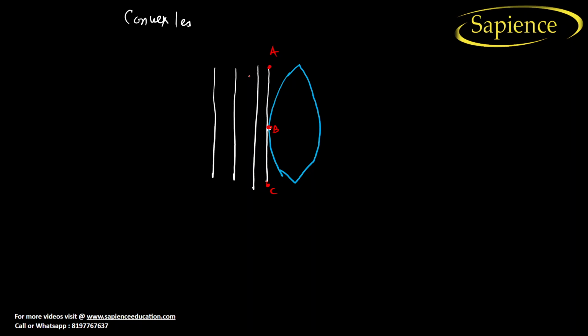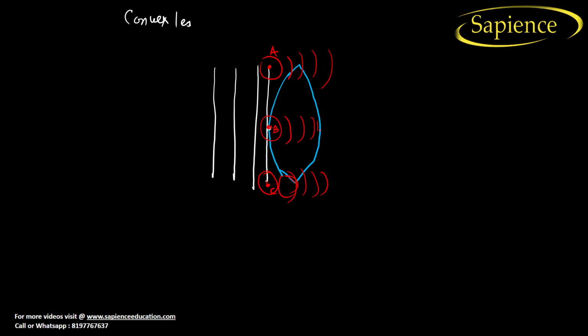Now what will happen if light is coming? See here, each point will create a disturbance like this, and this is also creating a disturbance like this.